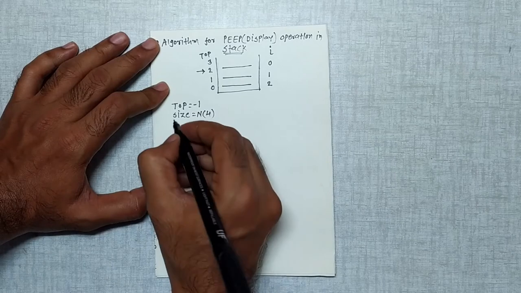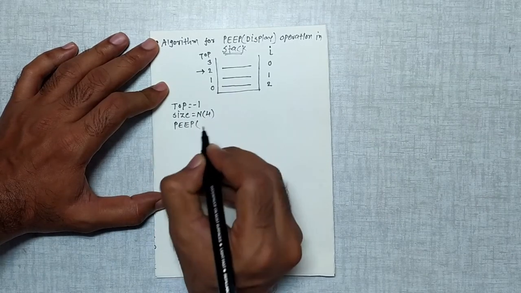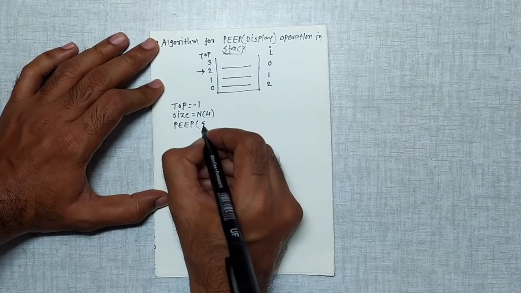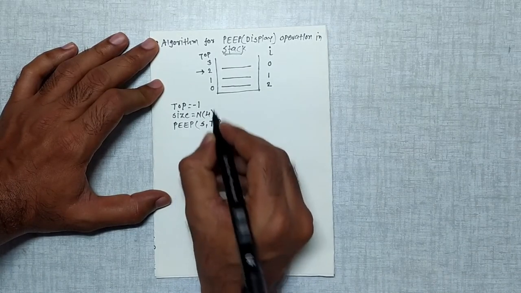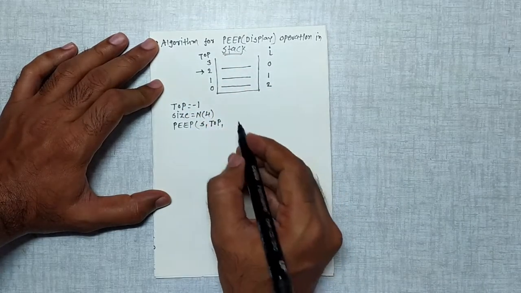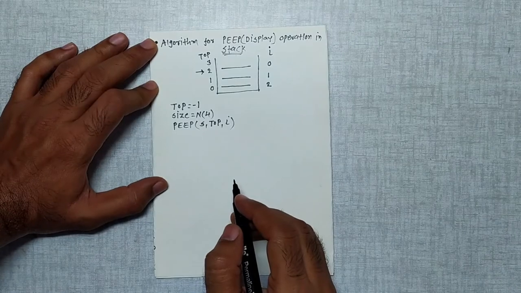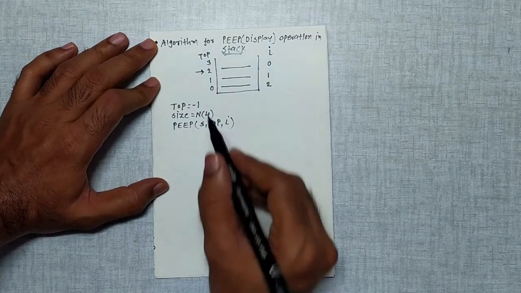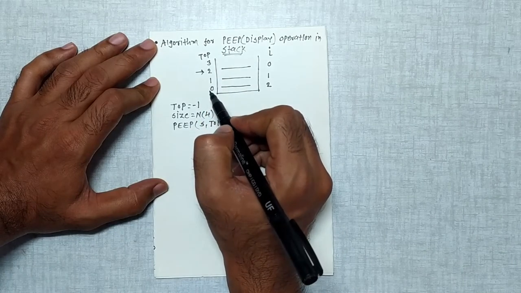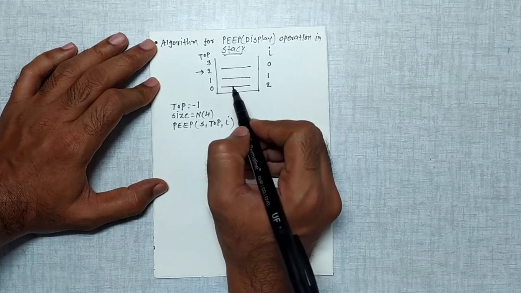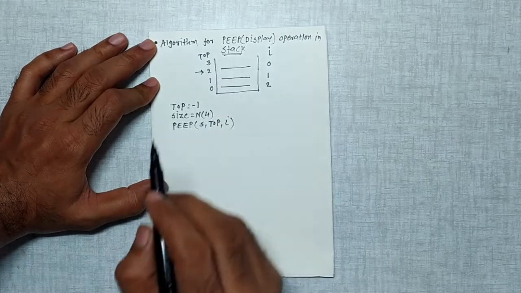And a function where s denotes the stack, top accesses the index value, and i is the ith element we want to fetch. Always keep in mind that your top pointer is the only one responsible to fetch, insert or delete an element in the stack.